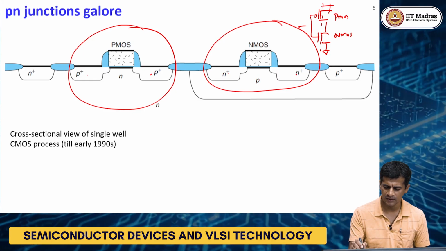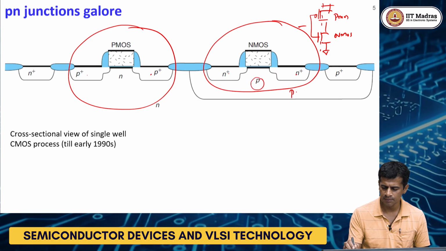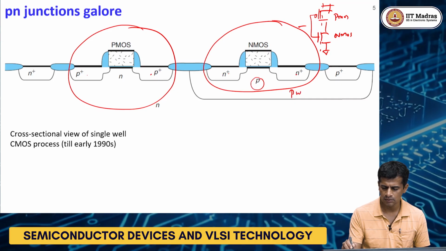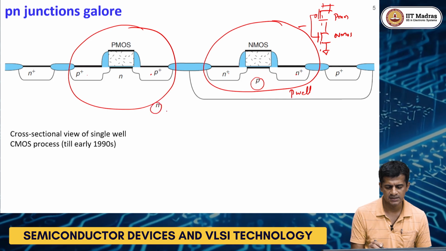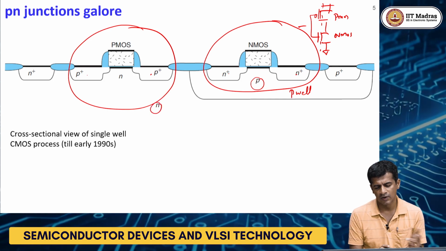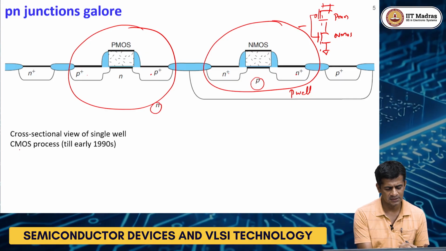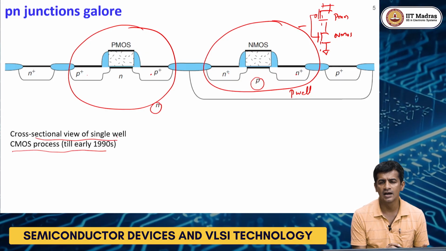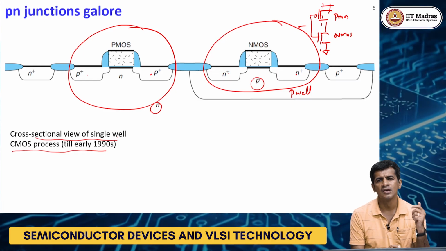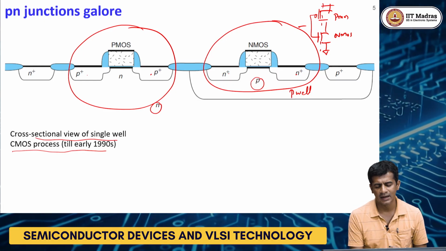The NMOS is sitting on a P well, and the PMOS is sitting on an N substrate. This is one way to make it, a technology known as the single well CMOS process, which we used to do till around the early 1990s.